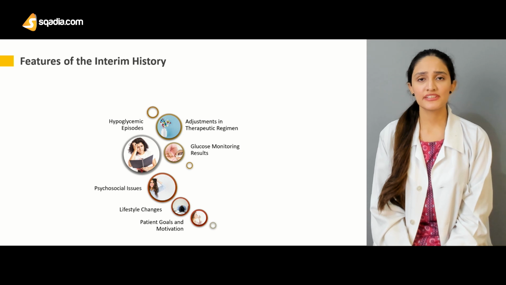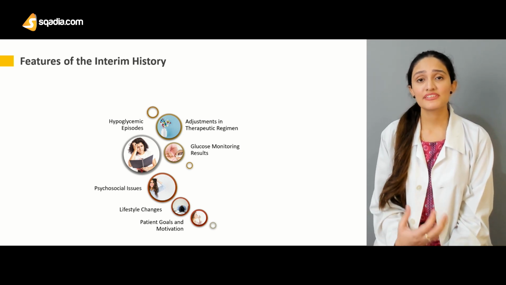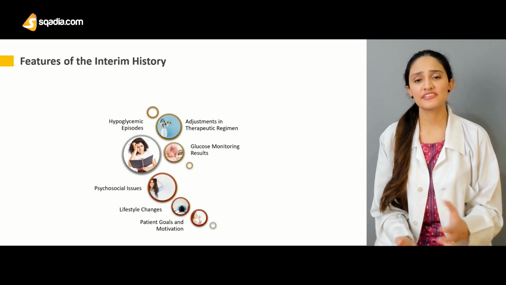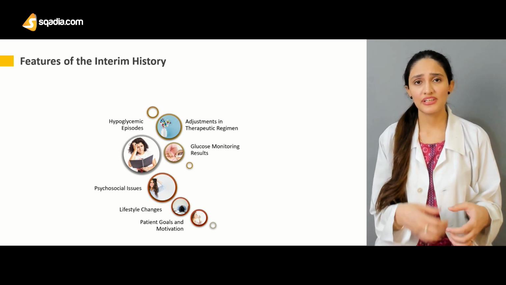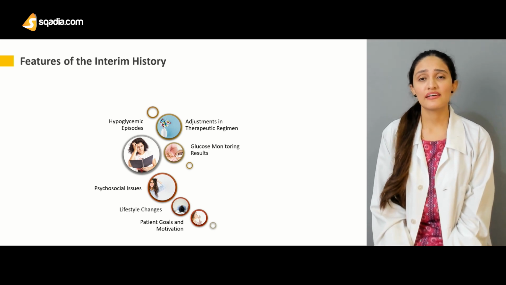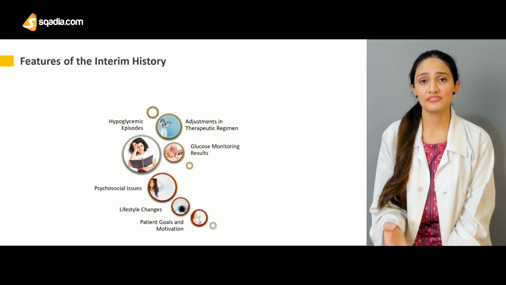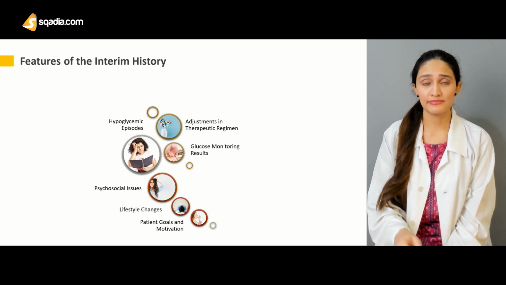Adjustment in the therapeutic regimen. Like I've mentioned, if the patient has complications such as hypoglycemia, it's very necessary to ask these questions so that we can adjust the dose according to the patient. And so, in case he's having any complication such as hypoglycemia, that can be avoided.